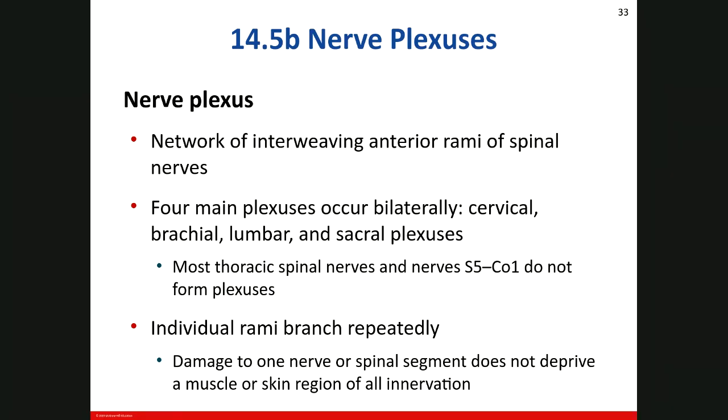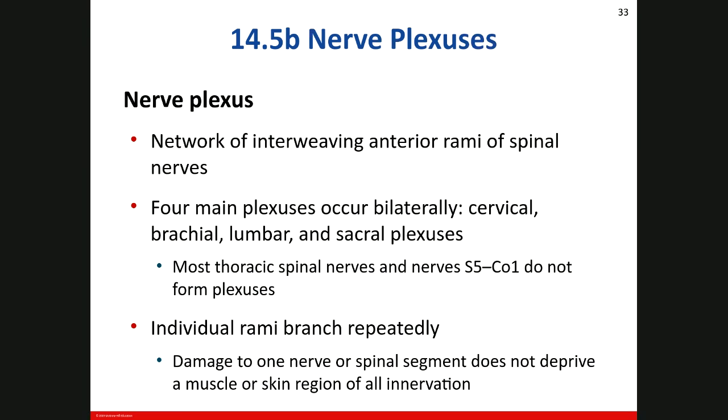And the next part which I want to talk about is nerve plexus. Nerve plexuses are networks of interweaving anterior rami of spinal nerves. Pay attention: a nerve plexus is only created by anterior rami.